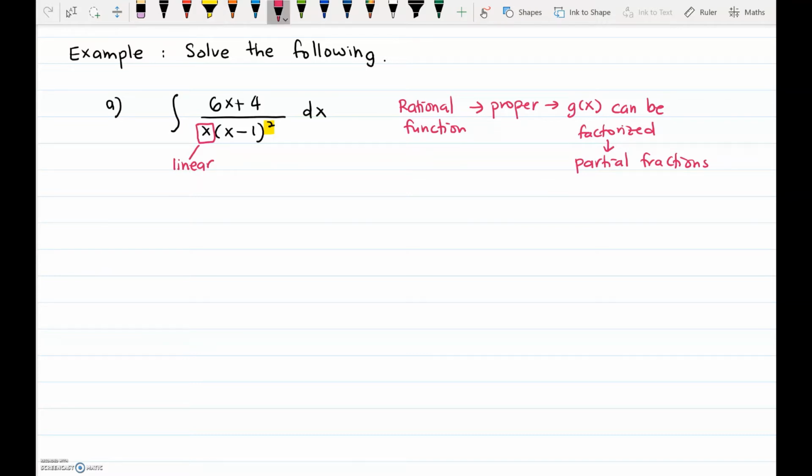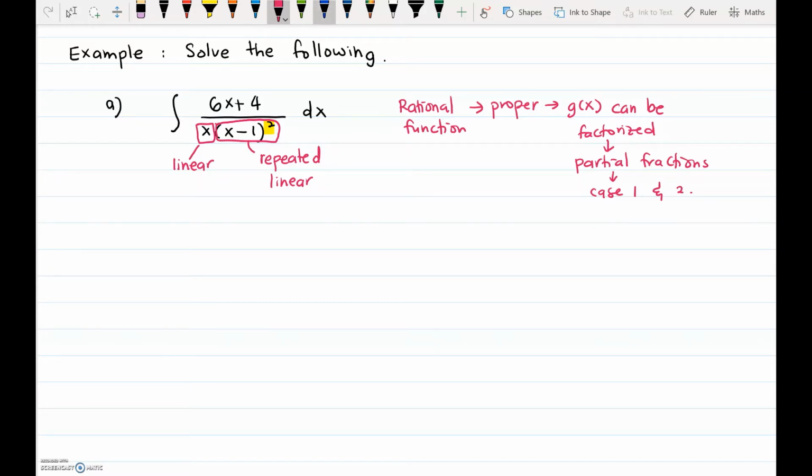So we see that this one is a repeated linear factor. That means in this case you have the combination of case 1 and case 2.